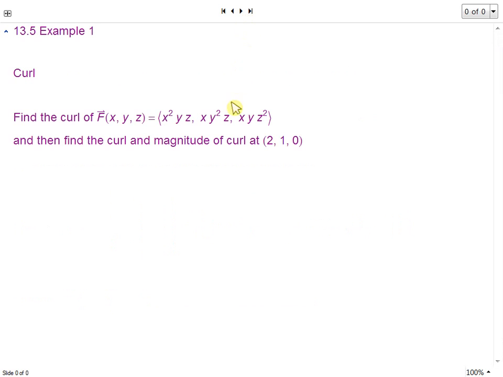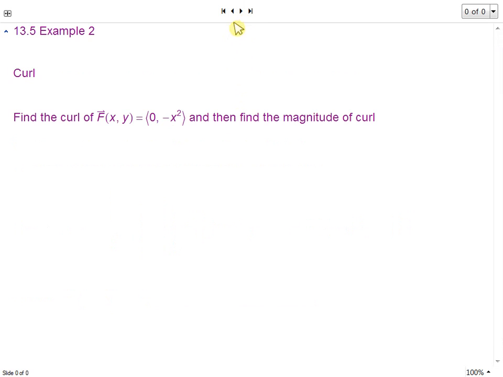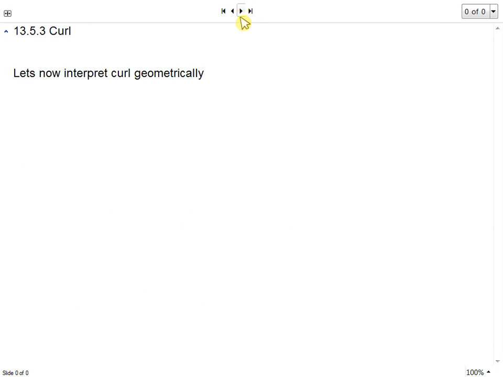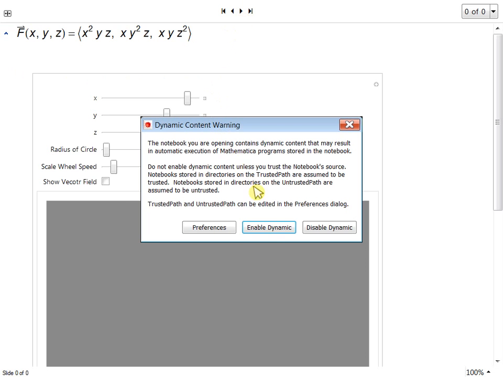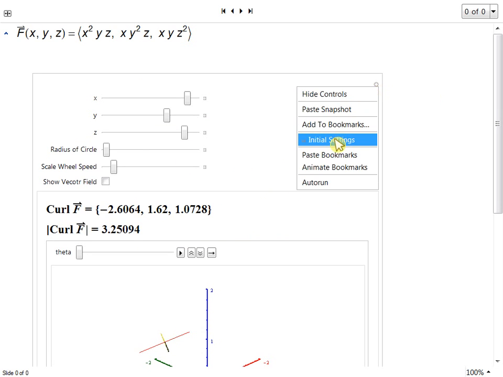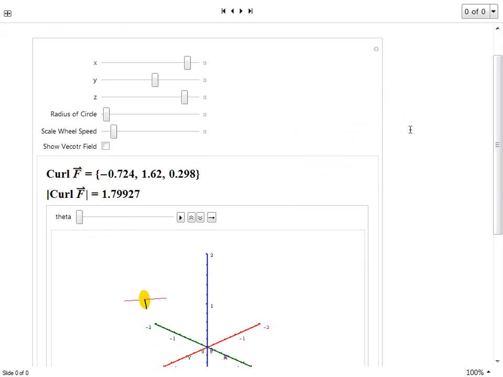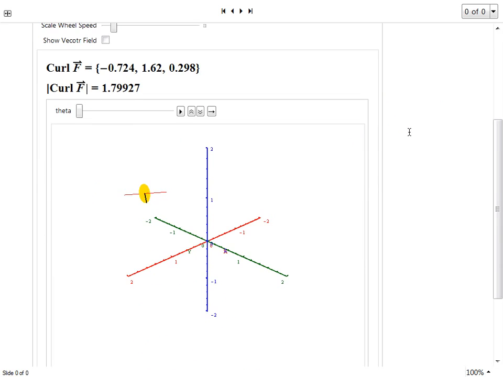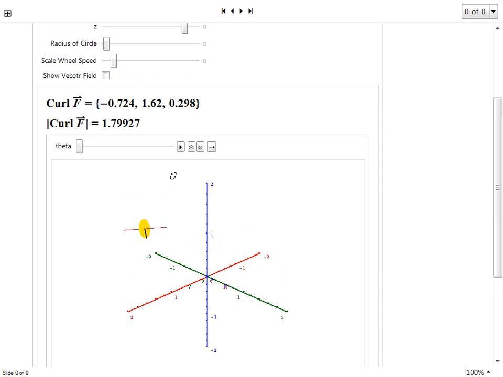So I spent a lot of time trying to come up with a visual representation of curl. And it usually brings my computer to its knees. Let's see how this works. This is one of the most difficult programs I've ever written in Mathematica. Okay, so you have a vector field.